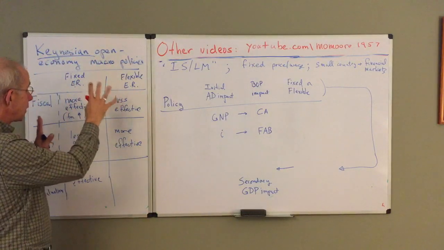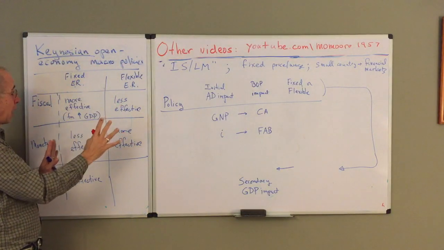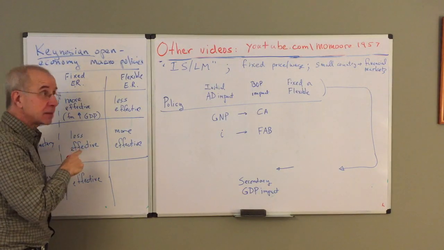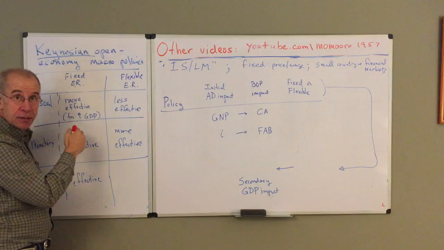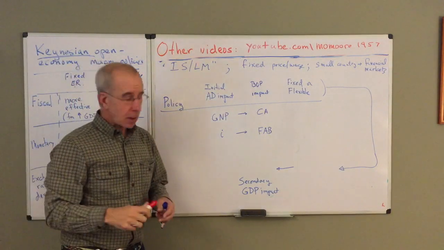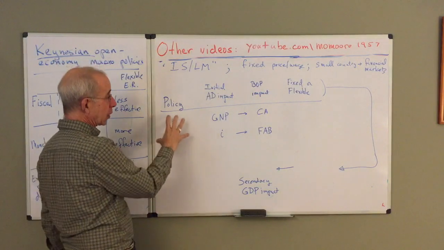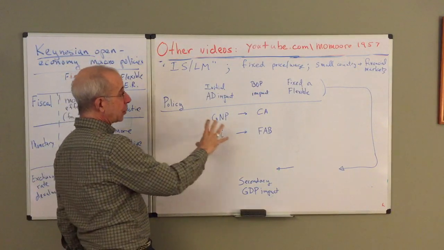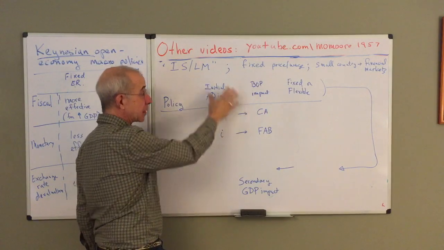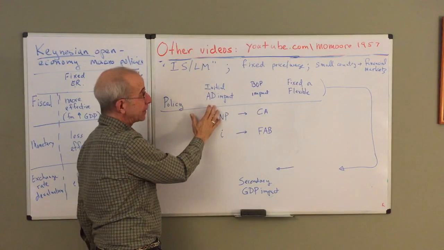So let's start. I'm going to start with a particular one, which is monetary policy. So monetary policy under fixed exchange rates. In a lot of ways, this is the easiest one to do. So what we're going to do is look at the policy, then the initial aggregate demand impact, which is basically the closed economy effects.